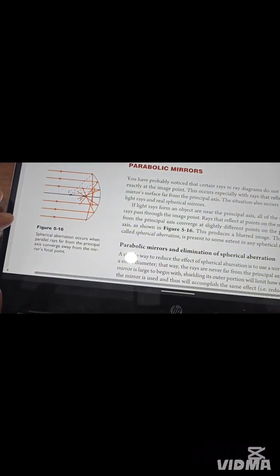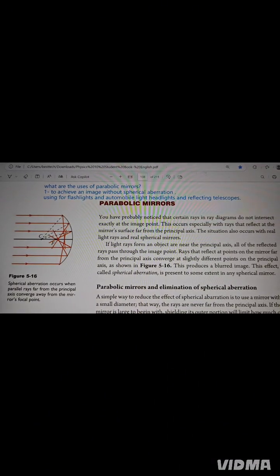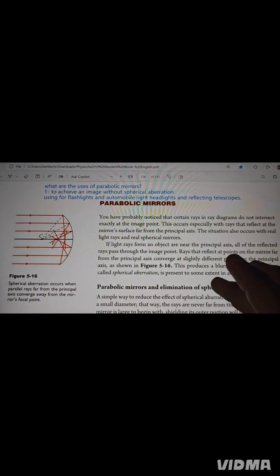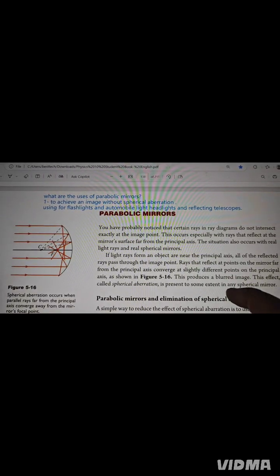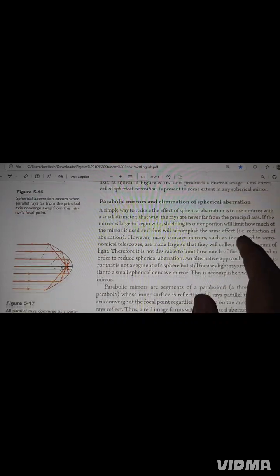So guys, parabolic mirror is the part that is left, but first of all, let me explain.